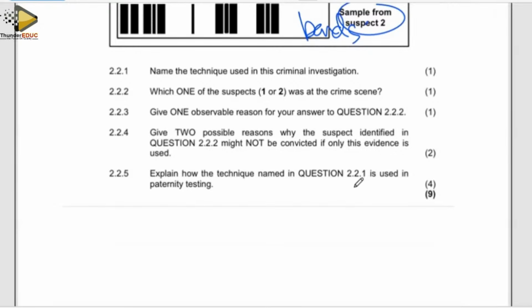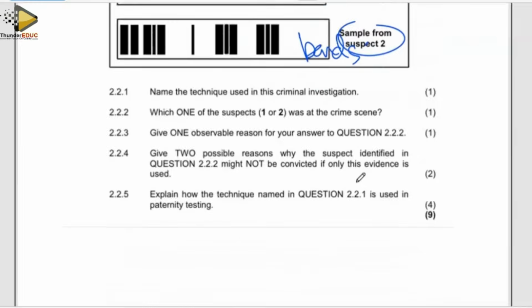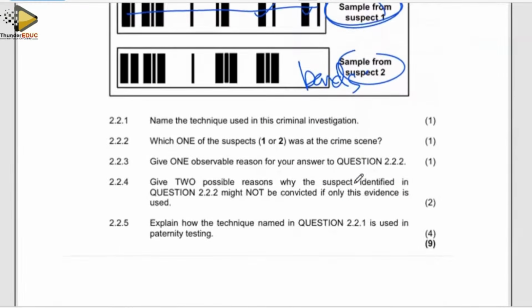So that's some of the reasons the suspect might not be convicted. Then they are saying, explain why the technique mentioned above is used in the paternity test. They're asking how this technique is being used in the paternity test. Basically, if someone is claiming that this is my child, you have to first identify the DNA profile of the child and the DNA profile of the mother.